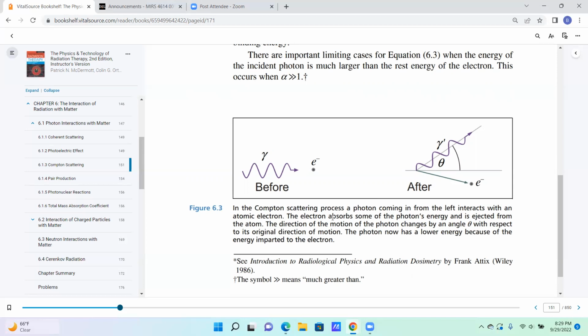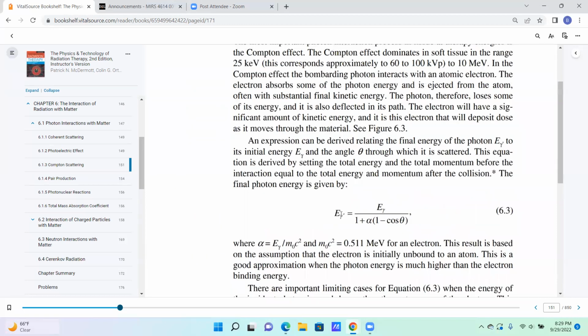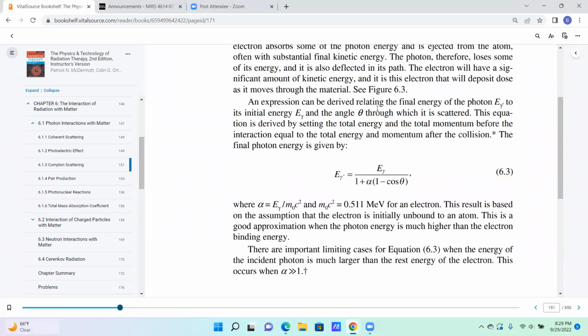So you can see here, the electron absorbs some of the photon's energy and is ejected from the atom. The photon's direction changes by an angle theta with respect to its original direction of motion, and it now has lower energy. So you can derive an expression relating the final energy of the photon to its initial energy and the angle. This equation is derived by setting the total energy and the total momentum before the interaction equal to the total energy and momentum after the collision. There's a lot of math that goes along with that, and we're not really that concerned with it.